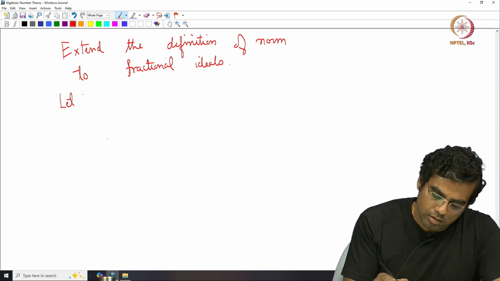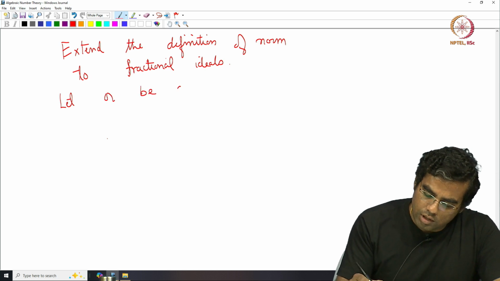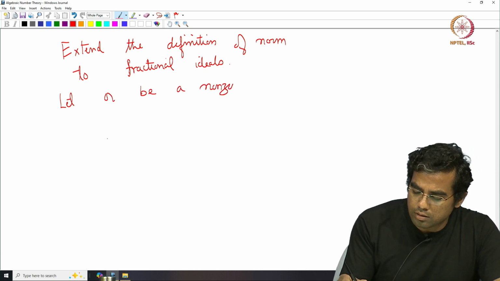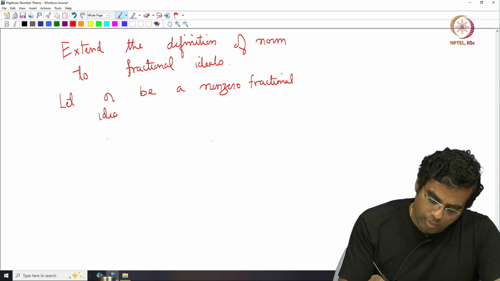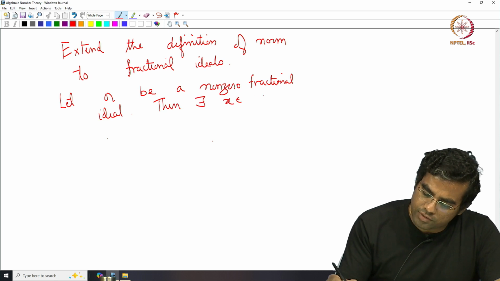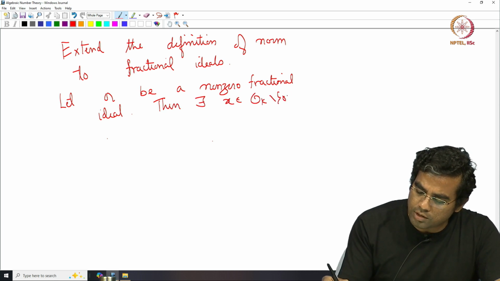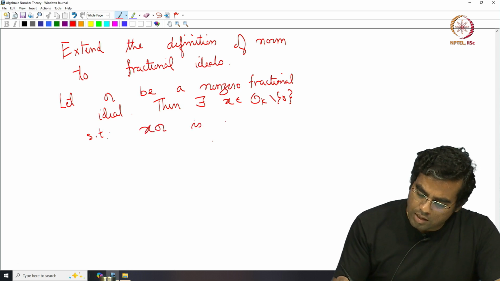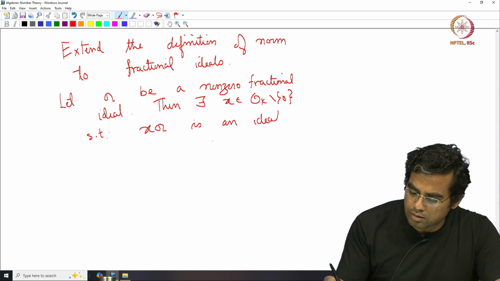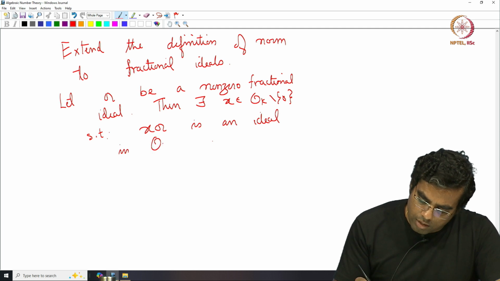Let A be a non-zero fractional ideal. Then there exists x in OK, but not 0, such that x times A is an ideal in OK.